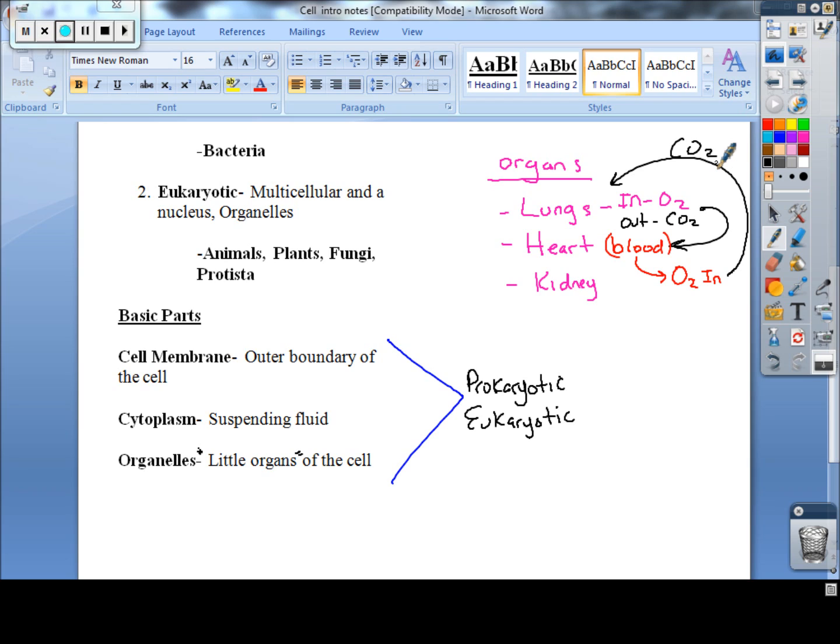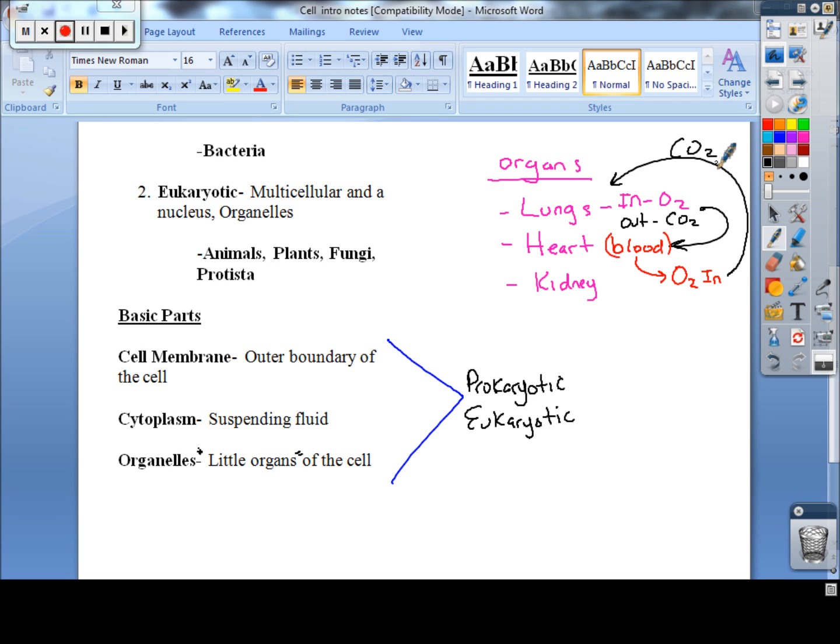So the lungs bring in O2, you breathe it in, and exchange it with the blood. At the same time, there's blood coming that has a bunch of CO2 in it, and it exchanges it with the lungs. When you exhale, it gets rid of the CO2 from the blood. So they all kind of work together.